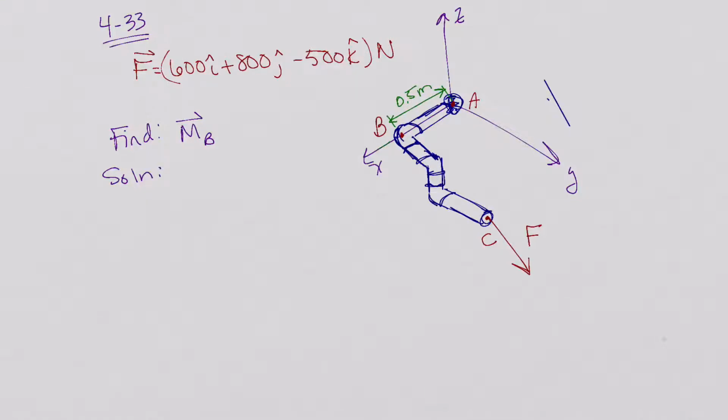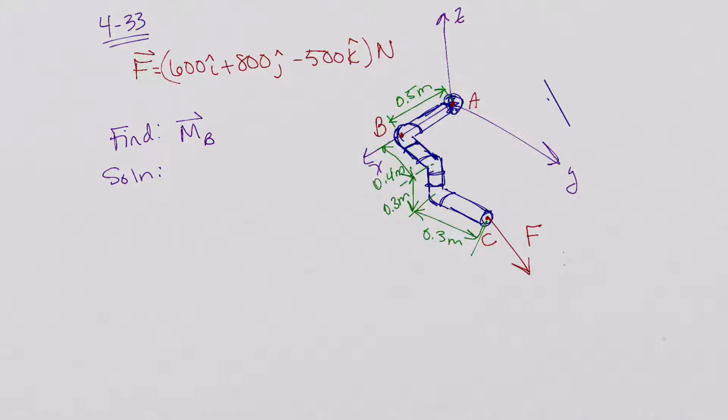So from B to right here, that one is 0.4 meters, and then it goes down 0.3 meters, and then it goes over to point C 0.3 meters. Obviously not to scale. But they want us to find the moment of the force about point B.